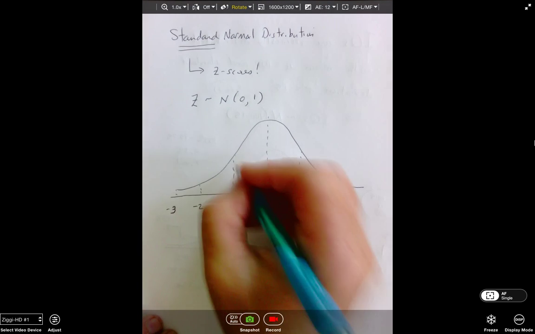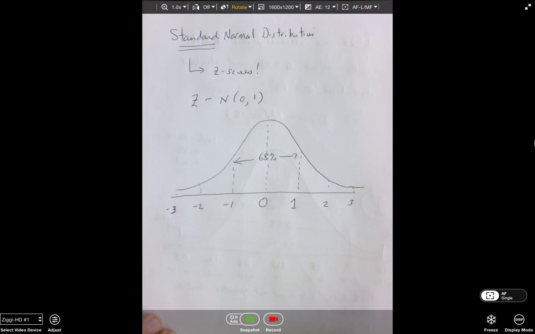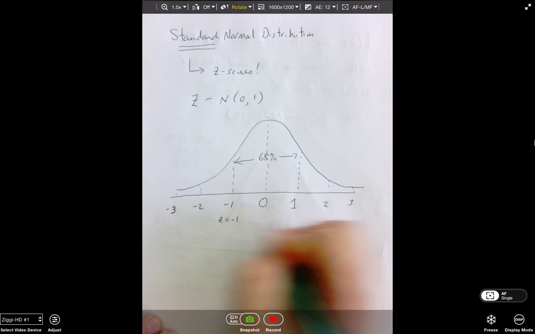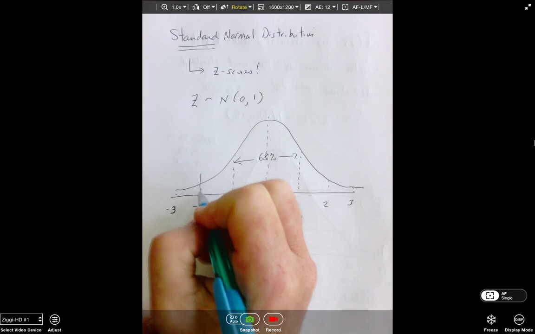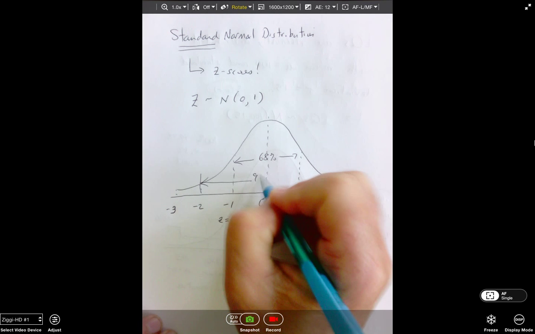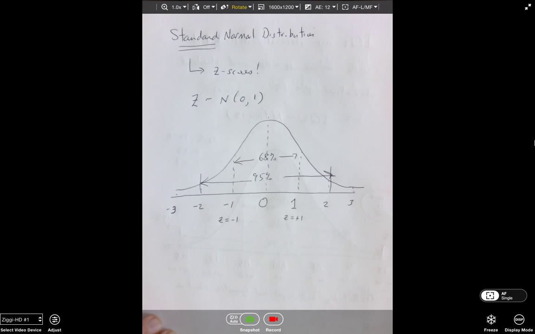Just like before, approximately 68% of the information in a standard normal distribution is between -1 and +1. So that would be z equal -1 to z equal +1. Approximately 95% of our information is contained from -2 to +2 and so on and so forth, just like before.